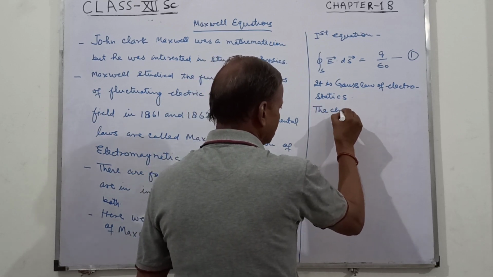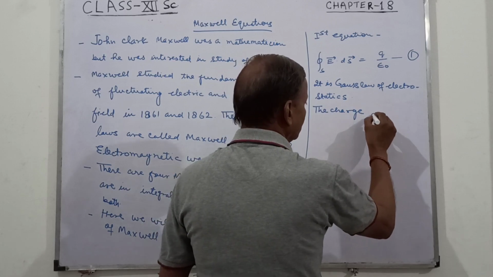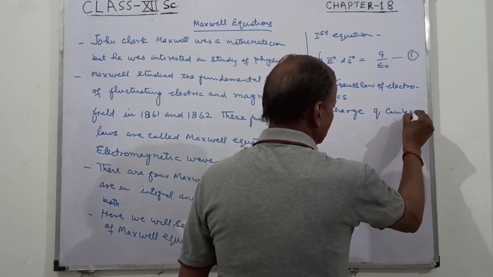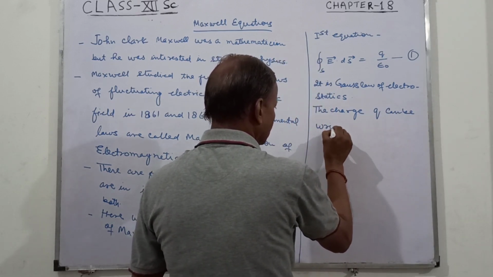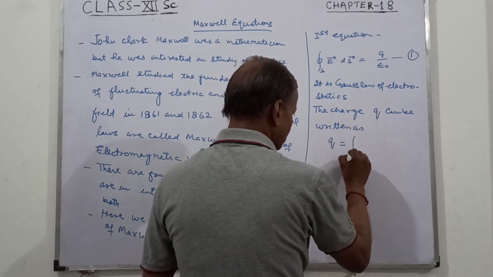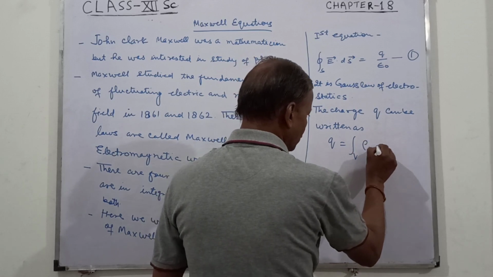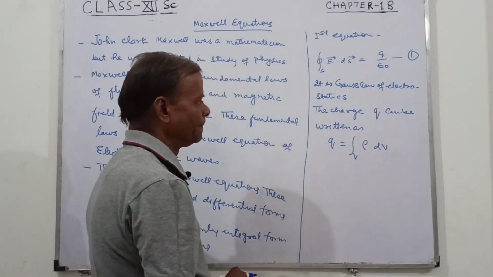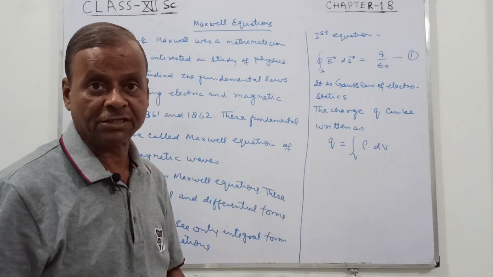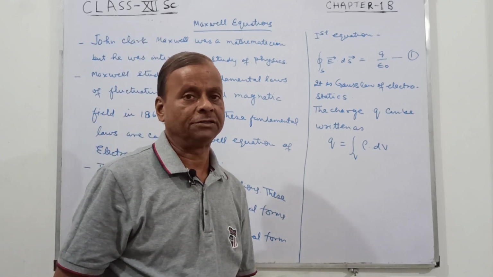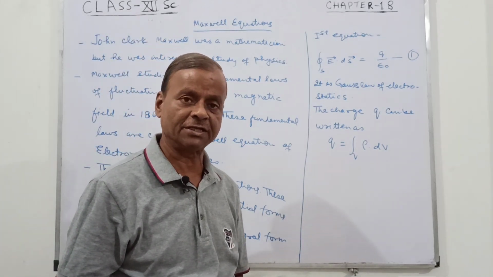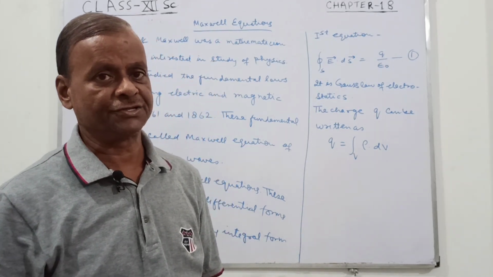Charge Q can be written as Q equal to volume integration rho dV. Rho is the volume charge density. In the 12th class we have studied three kinds of charge densities: one is the linear charge density, second the surface charge density, and third the volume charge density.